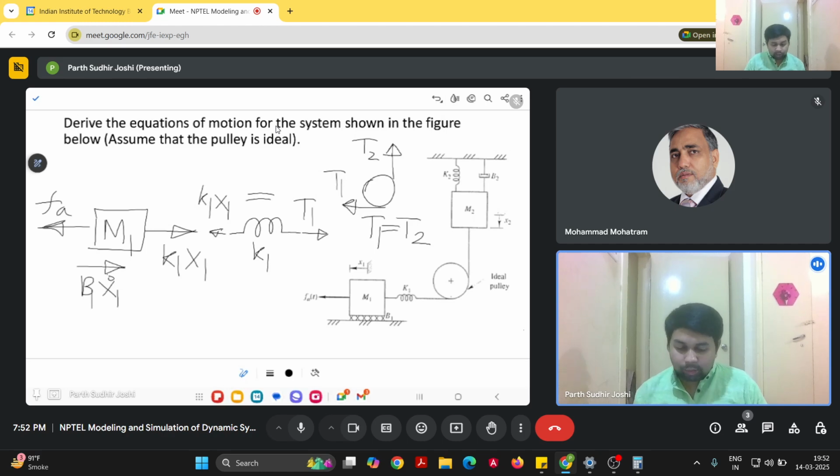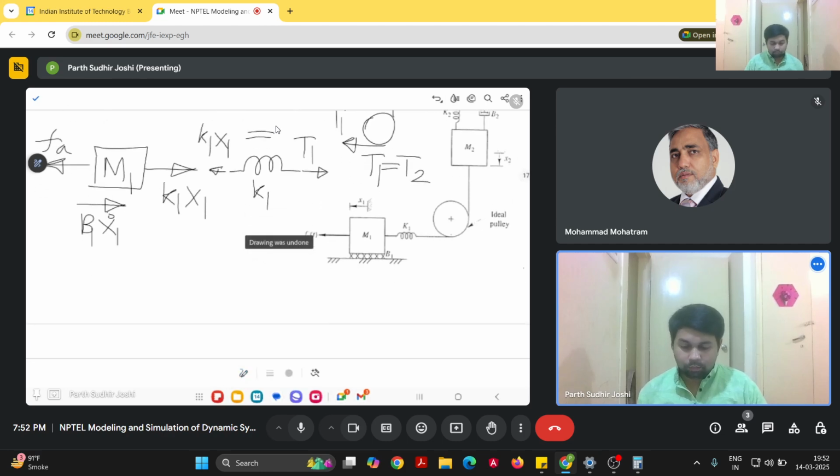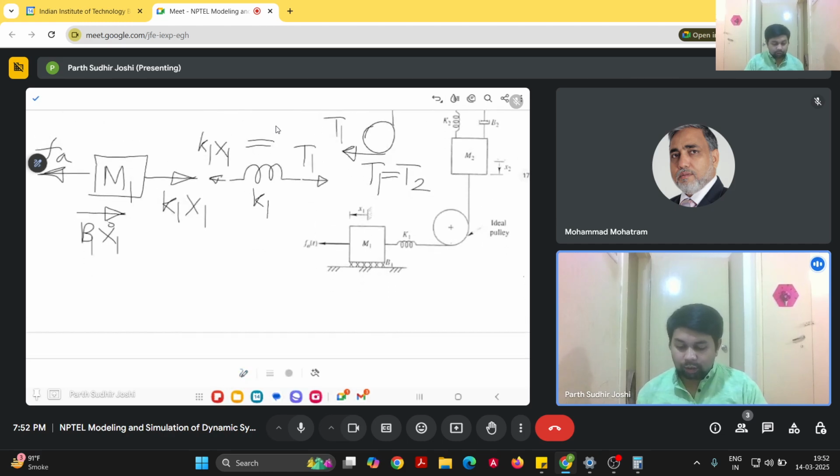And then for the mass m2, again we can draw the free body diagram here.